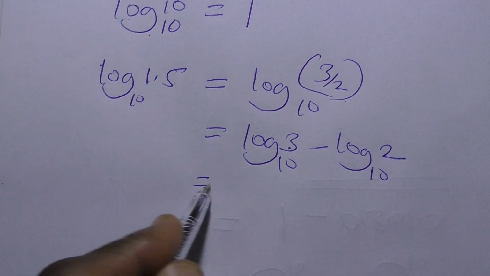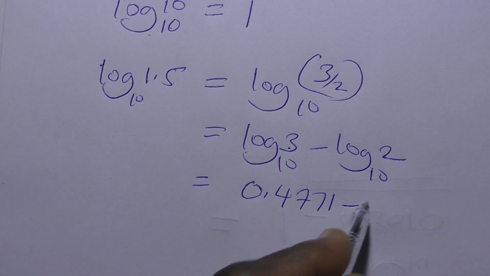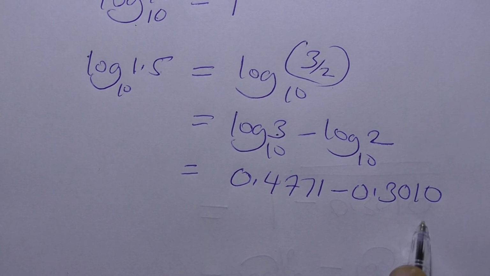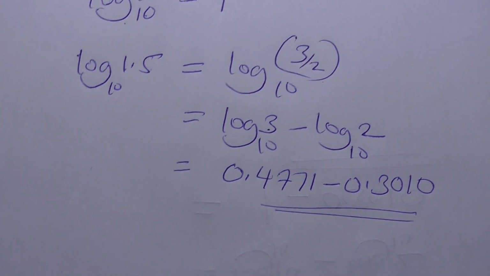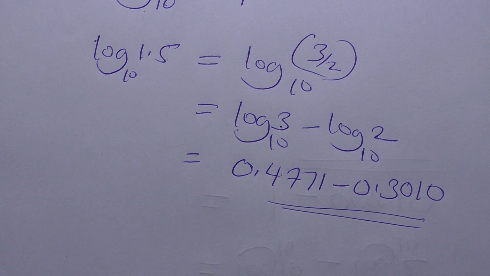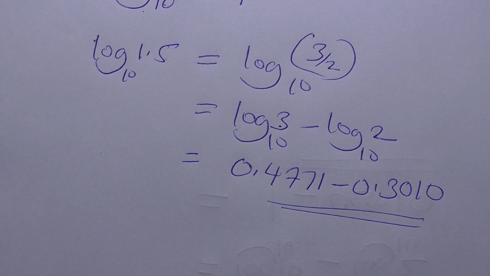And now we can just simply subtract 0.4771 minus 0.3010. So get your calculator and do a favor to yourself. So that is how we deal with logarithms. Logarithms is one of the simplest topics, but again complicated if at all you have not mastered the rules of logarithms.